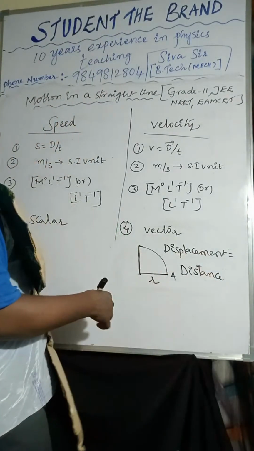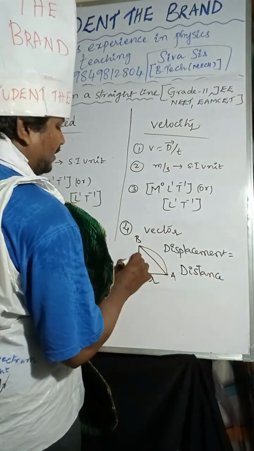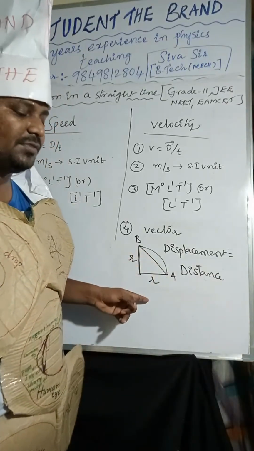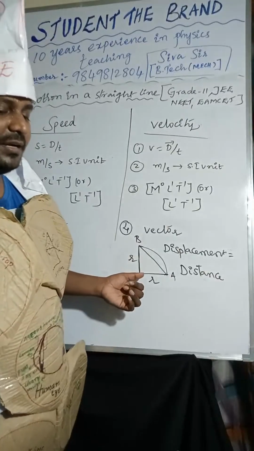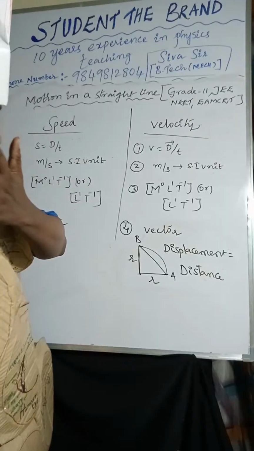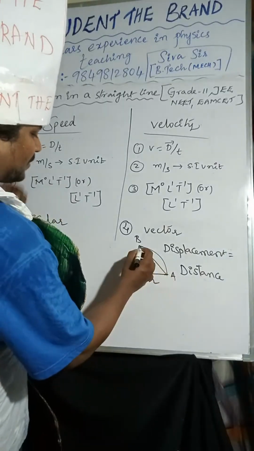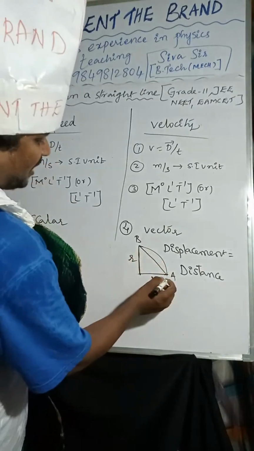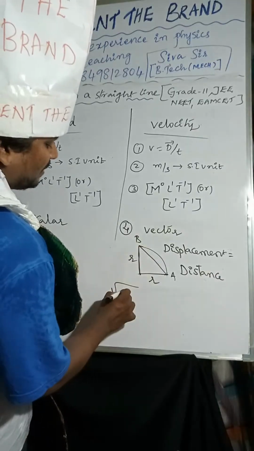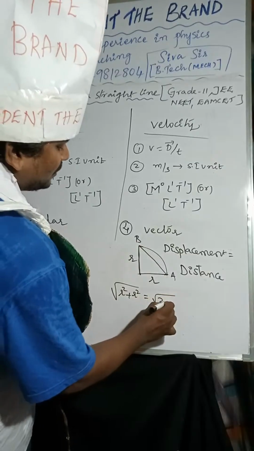In this case, displacement is the shortest path from the initial point to the final point. This is r and this is r, and the angle between these two is 90 degrees. So the displacement, the shortest path from A to B, is root over r square plus r square, that is root of 2r square.